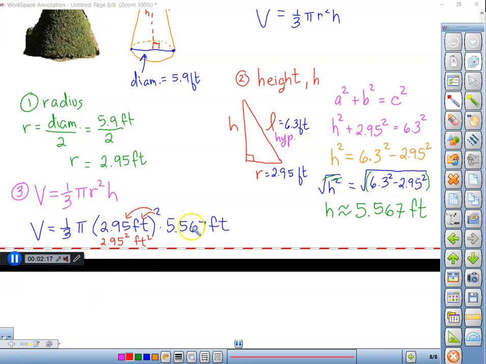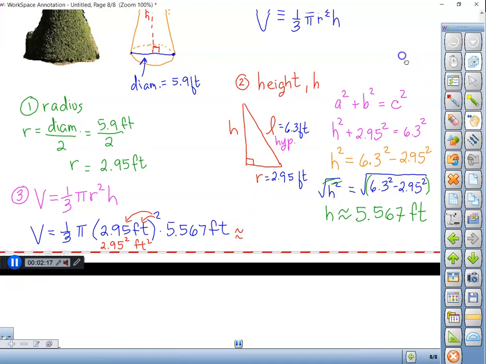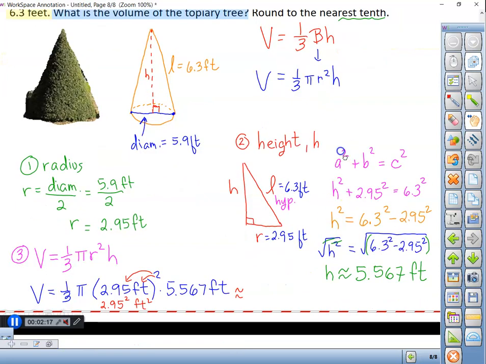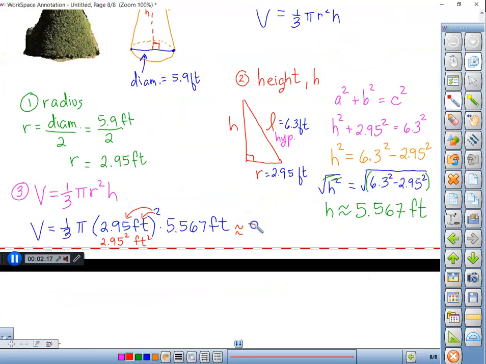Alright, so if you've done the calculation correctly, this is going to give us about, to the nearest tenth now is where I'd round. That's my rounding instruction for the end of the problem. So about 50.7. And my units come from my feet squared times feet, which gives me cubic feet, which makes sense for a volume unit.